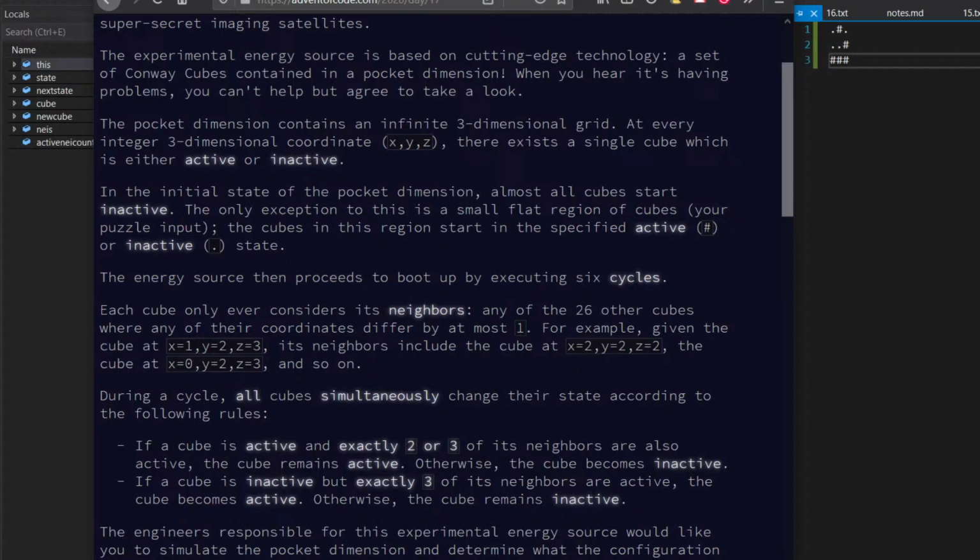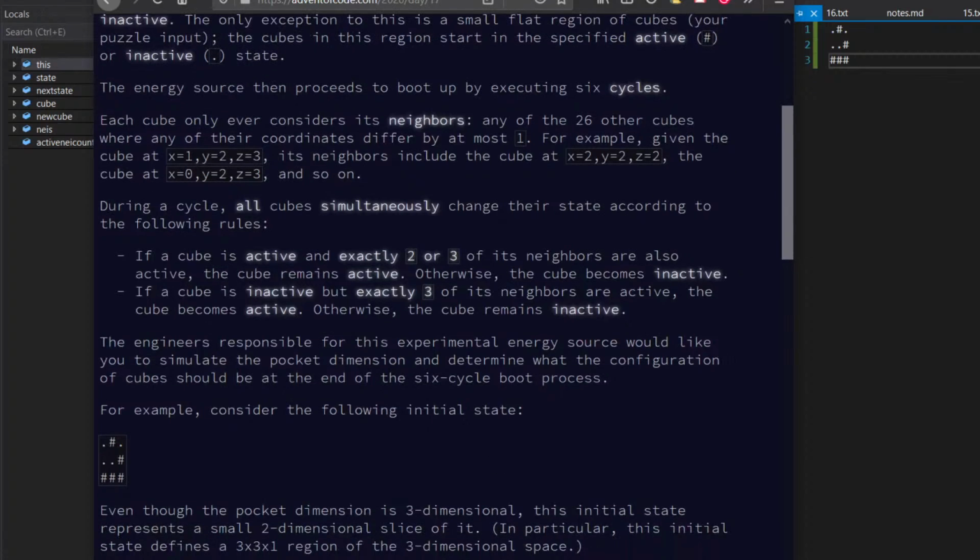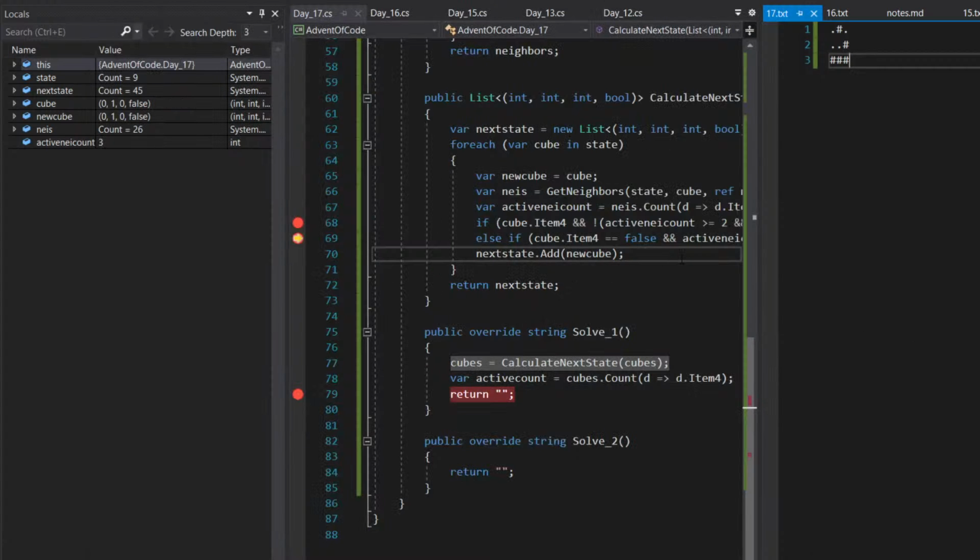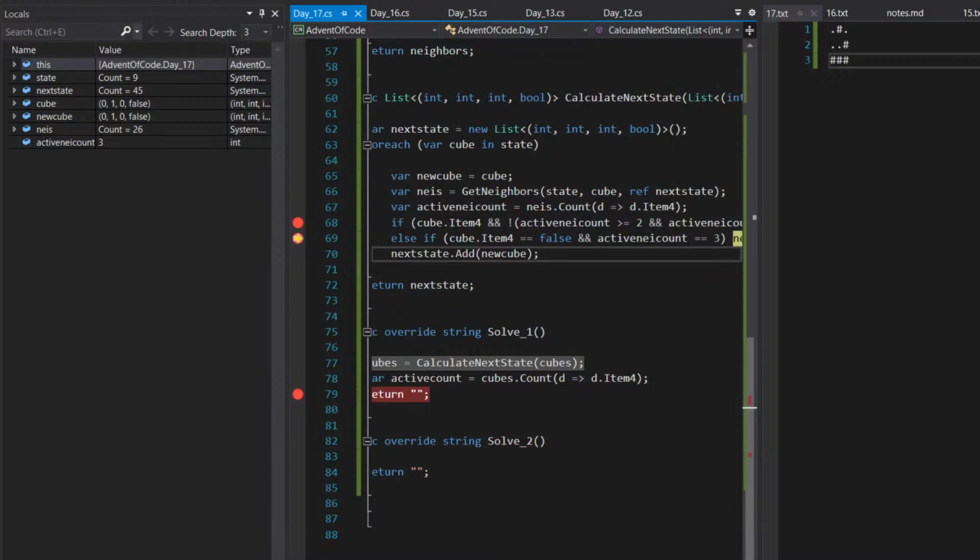During a cycle, all cubes simultaneously change their state according to the following rules. If a cube is inactive, but exactly 3 of its neighbors are active, the cube becomes active. Why did you become active?